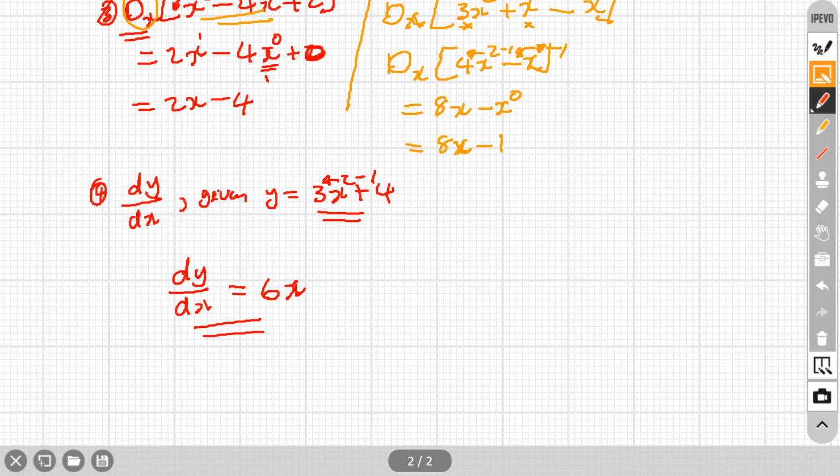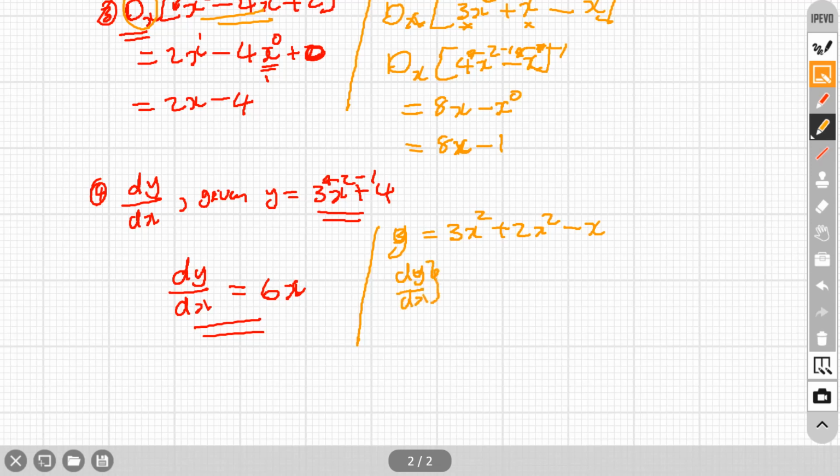So let's say for example, we're given something like y is equals to 3x squared plus 2x squared minus x. So here we're asked to determine dy over dx.